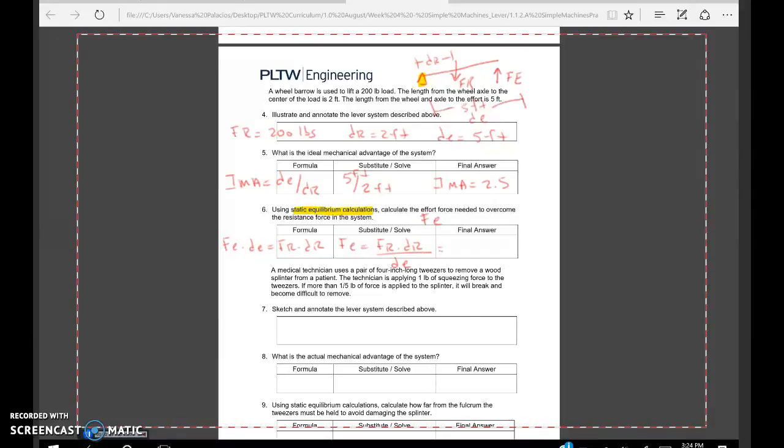Okay, we know what our FR is, 200 pounds. We know what our DR is, 2 feet. We know what our DE is, 5. So if we do the math, we come up with FE equal to 80 pounds.